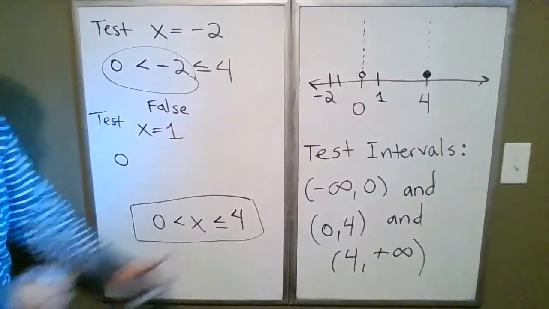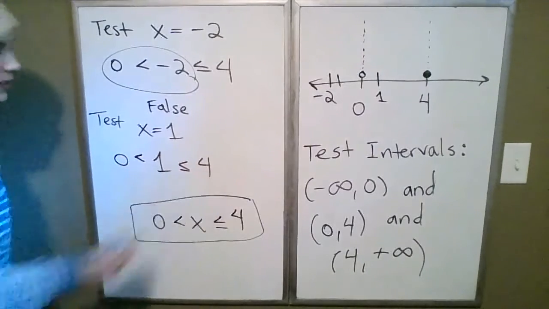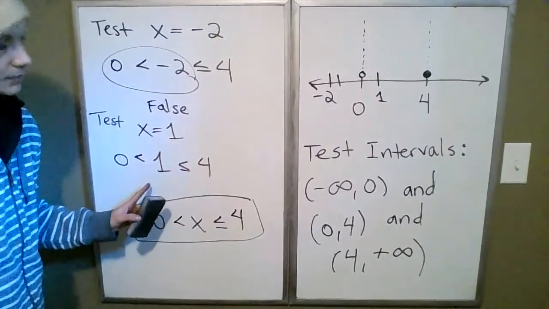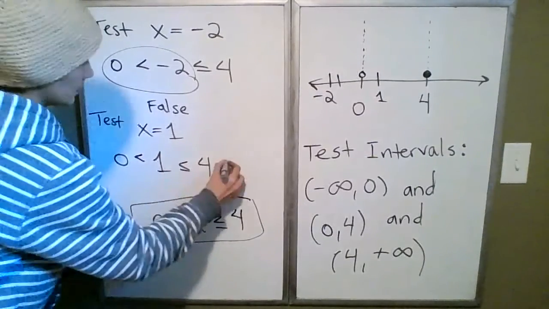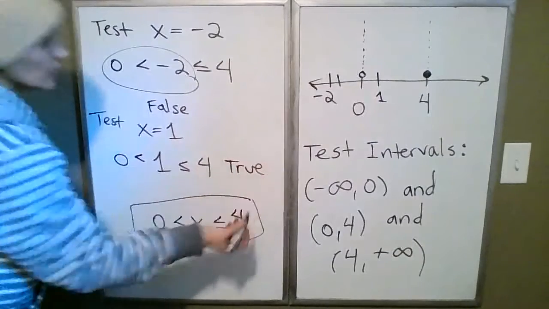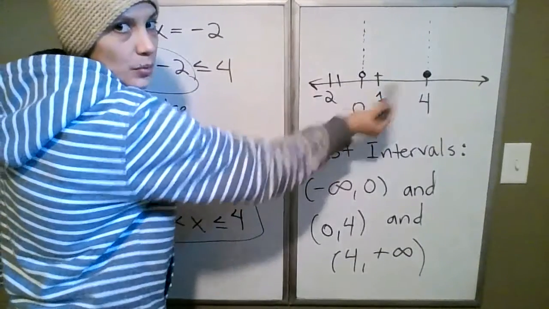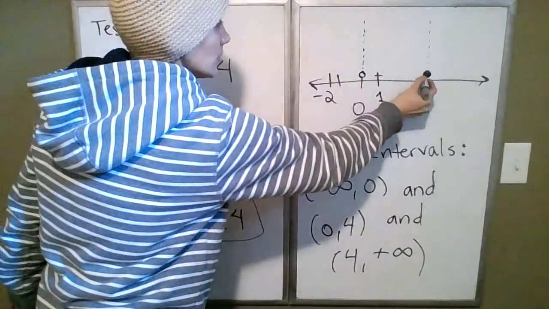Putting in 1 for x, and check if it makes your statement true. 0 less than 1. Yes. Is 1 less than or equal to 4? Yes. So this is true, which means this is a solution. And if I tested other points between 0 and 4, they would also be solutions. This would all be shaded over.